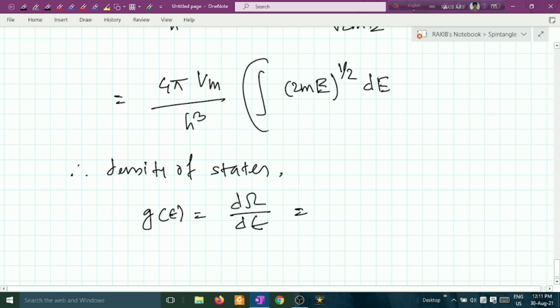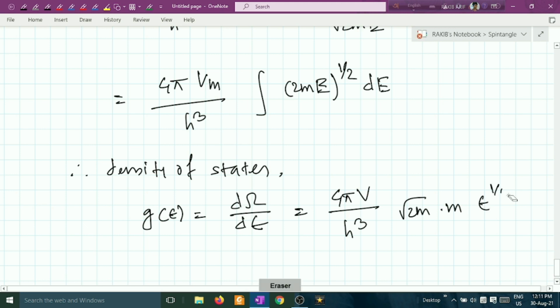Therefore you can omit this integration and write all the other remaining terms. That becomes 4 pi v upon h cube root over 2m, here it is m and e to the power half. Up to this point we have done it in case of our number of particles expression.